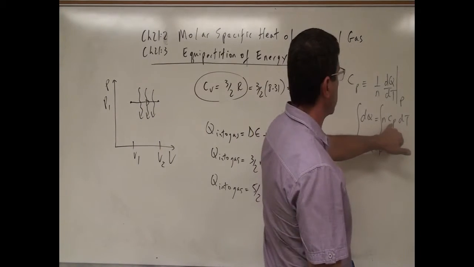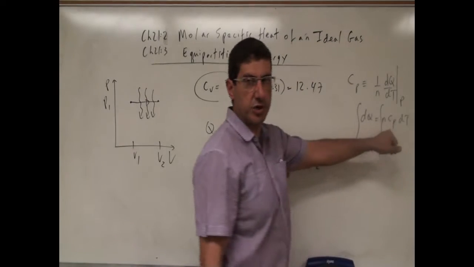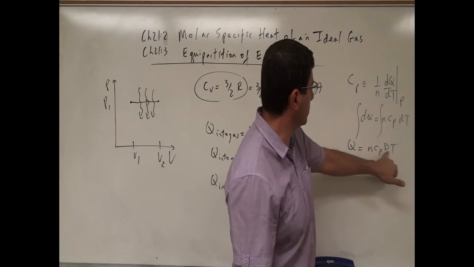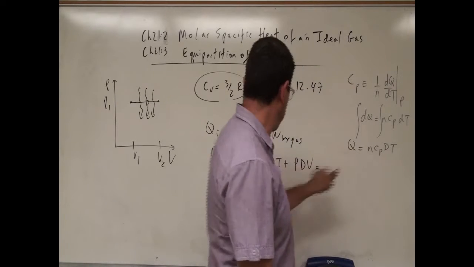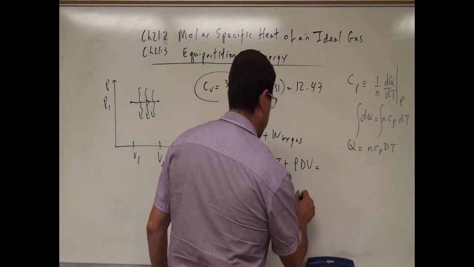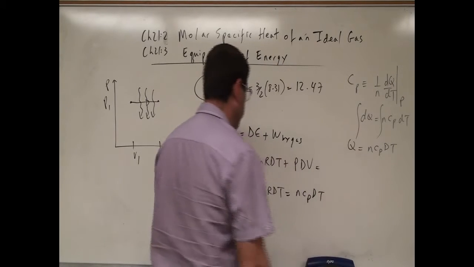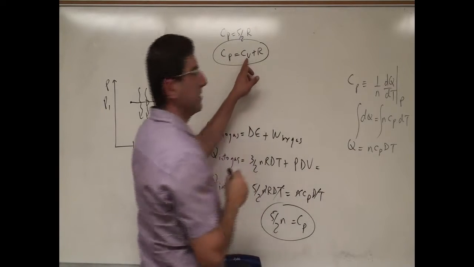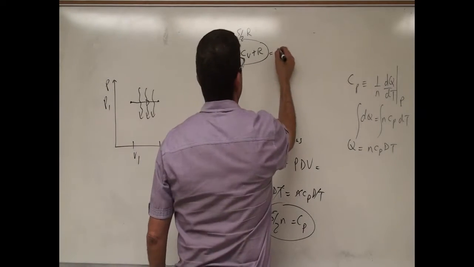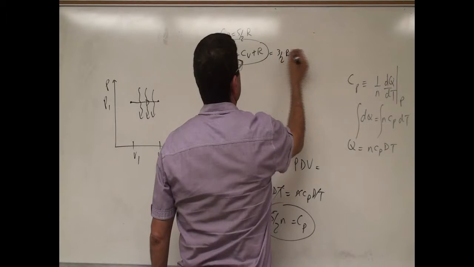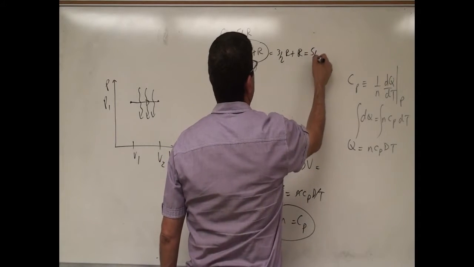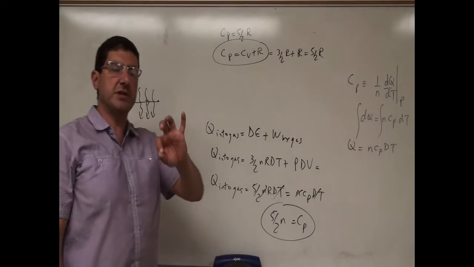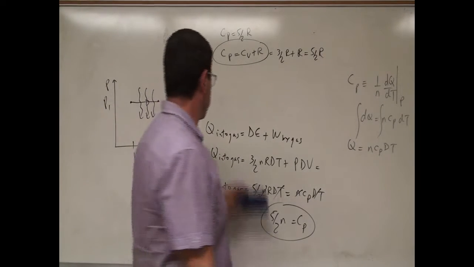So I can say, in the cases where the specific heat at constant pressure is constant, then I can pull that out, and then this will just be delta T, and then this will be Q. Then I can equate that to this. I can say nCp delta T, Cp is equal to Cv plus R, right? Why? Because Cv was equal to 3/2 R, and then if you add R to that, you get 5/2 R, right? And then that's equal to Cp, okay? So Cp is always a little bit more, okay?